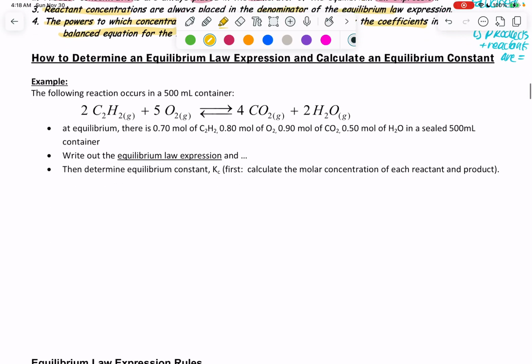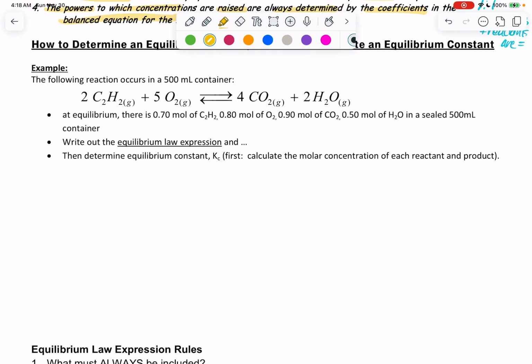So now let's go over some examples. The following reaction occurs in a 500 milliliter container. So that is 0.500 liters. At equilibrium, there is 0.7 moles of ethene, C2H2.